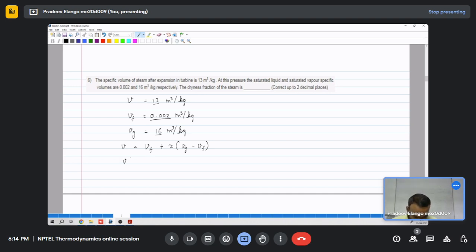You can simplify this to V is x into Vg, x equal to V by Vg, that is 13 by 16. So this is 0.8125.